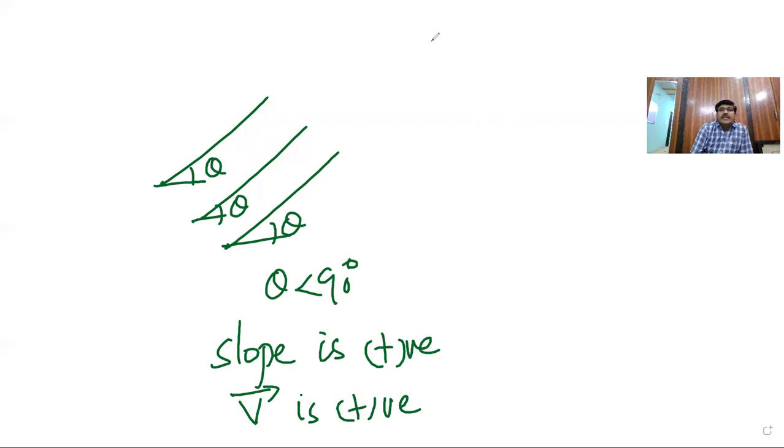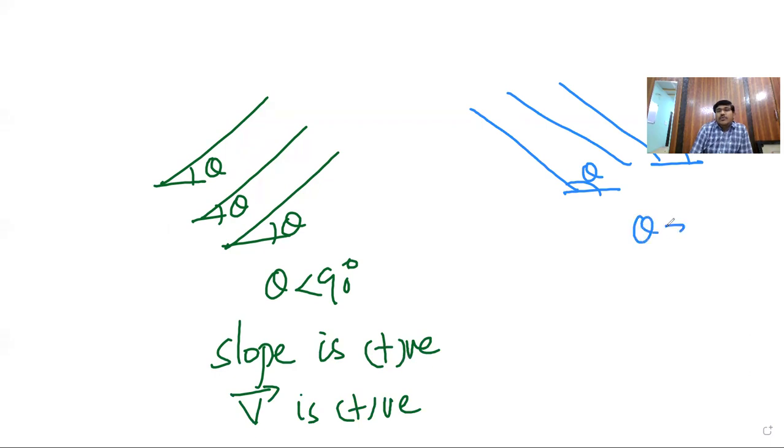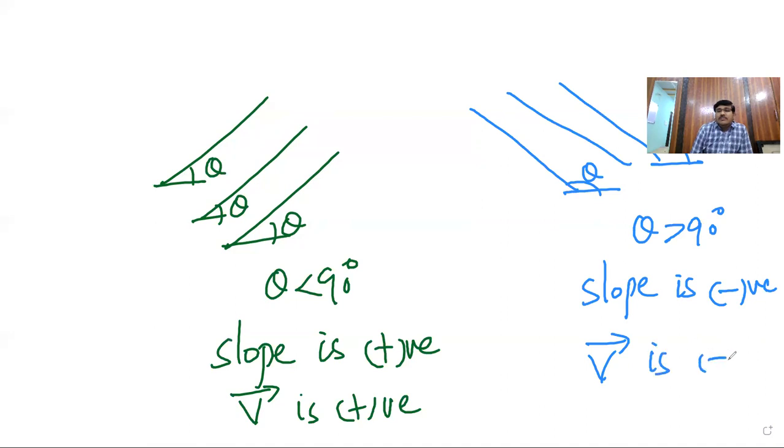When you are getting a line like this, and this is the theta, theta is always more than 90. When theta is more than 90, slope is negative, because tan theta becomes negative. When slope is negative, velocity is also negative. This is the observation. That's why you have to observe the graph.